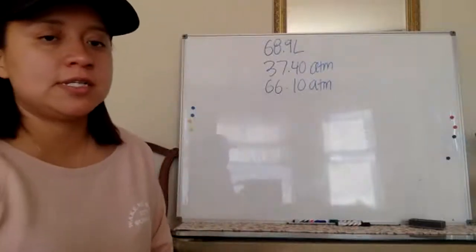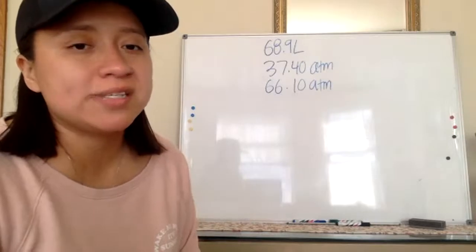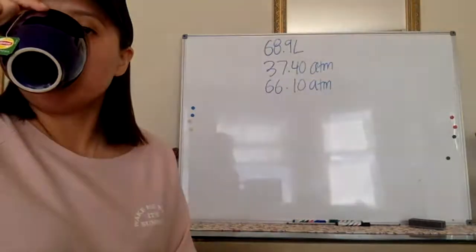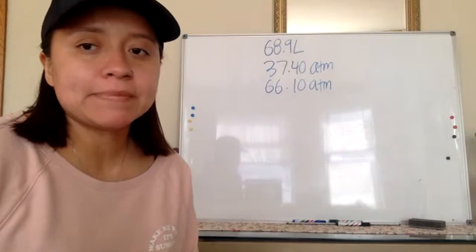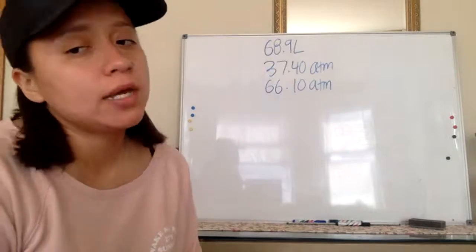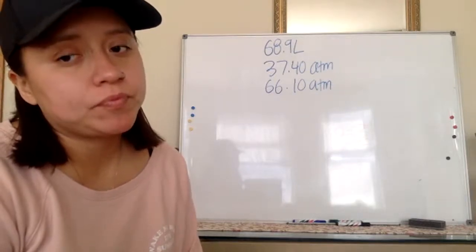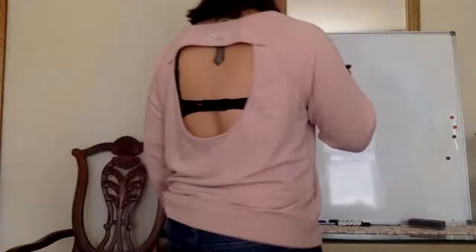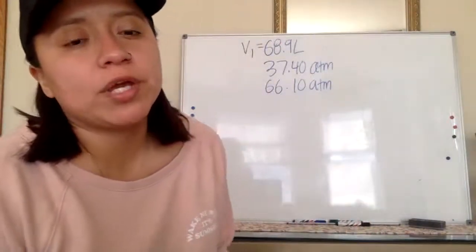Okay, girls. So let's see. 68.9 liters. What does liters represent? Yep, volume. Awesome. So 68.9 liters represents volume. So that's your V1. How about 37.40 ATM?